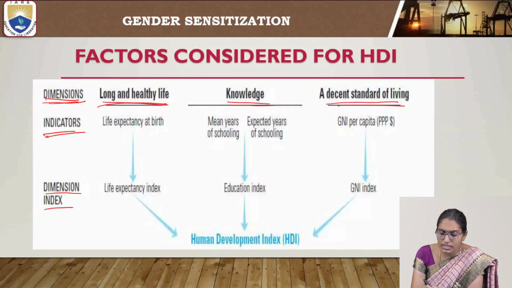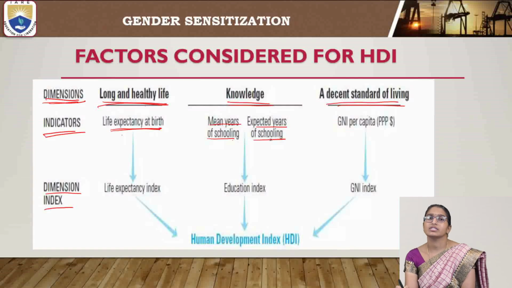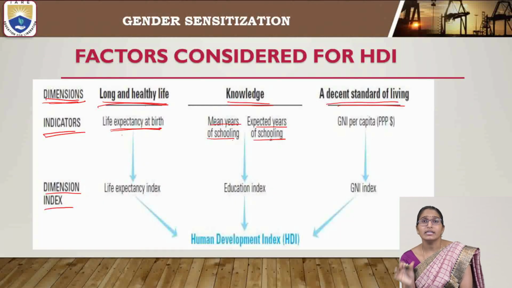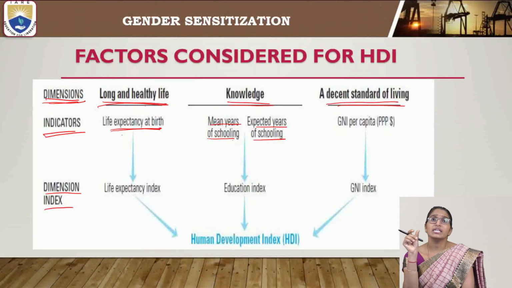So what are the indicators? One is life expectancy at birth. As we are talking about a healthy life, what is the life expectancy at birth? Then knowledge is about education, so mean years of schooling and expected years of schooling. What is the mean year?